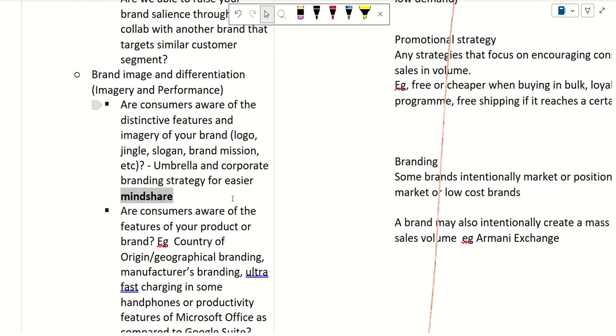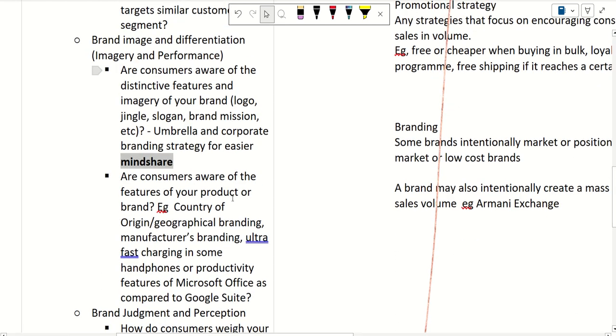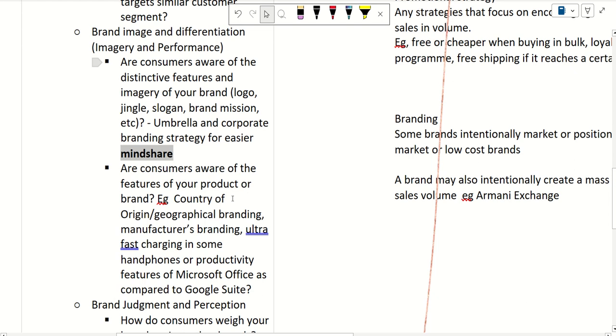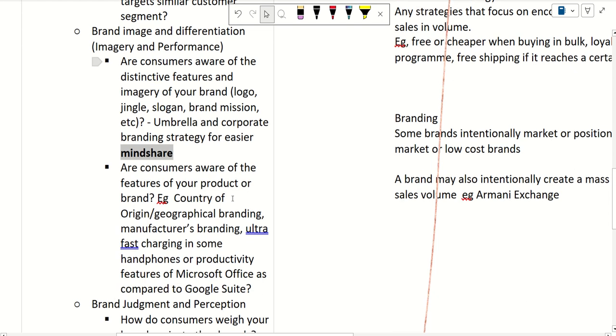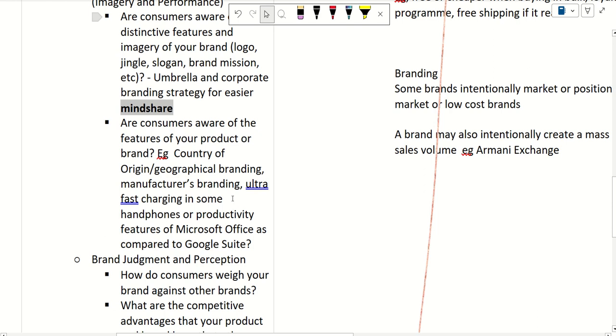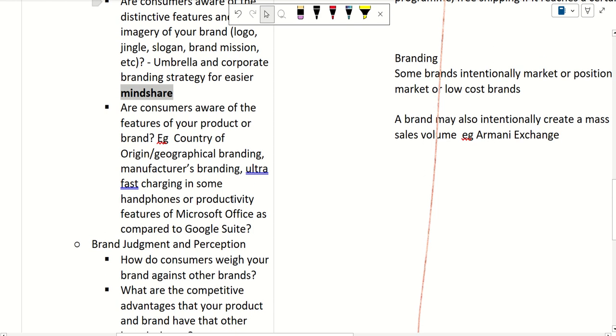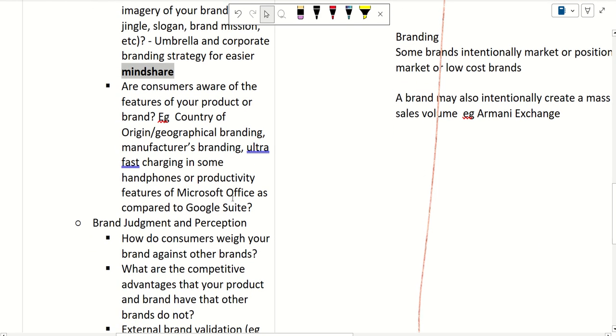When you think TV, what comes to your mind? Is it Samsung? Is it Philips? Is it some other brand? Things like this are what we mean by mindshare. Got it? What comes to the consumer's mind? So you have to compete for that space in the consumer's mind, because our mind is bombarded.